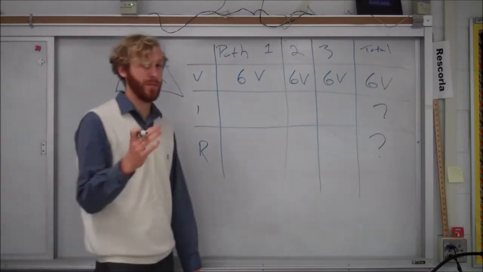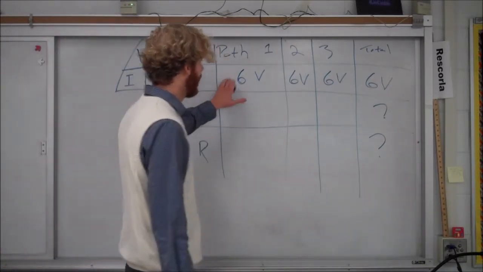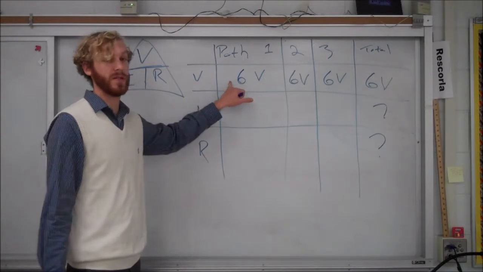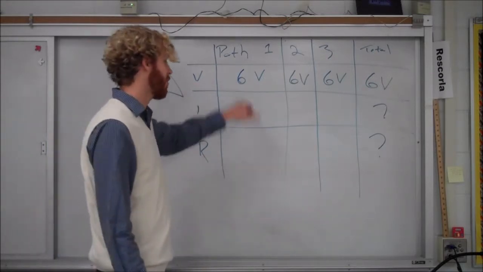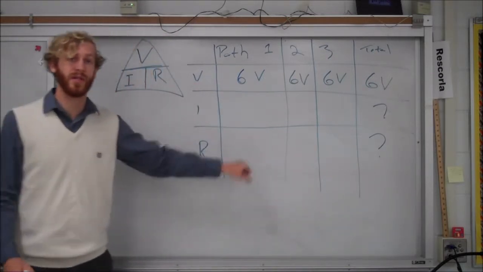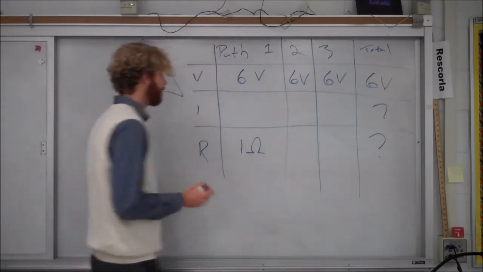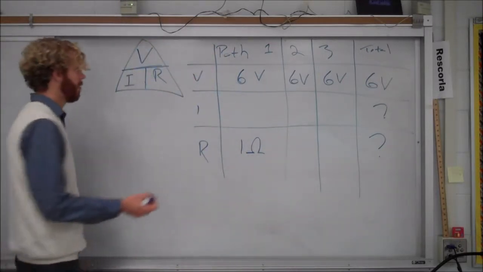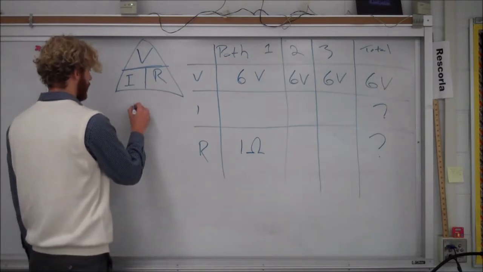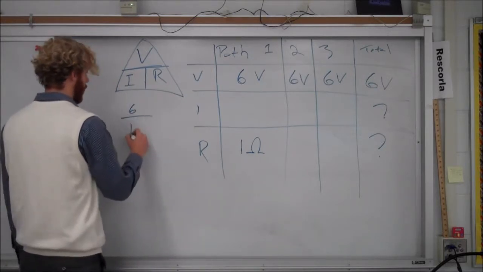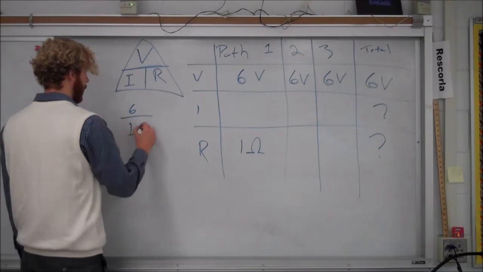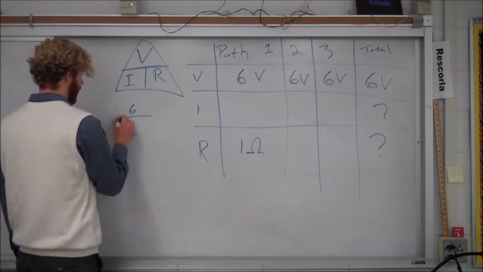So the first thing, breaking into paths. Remember, path 1 has a potential difference of 6 volts and the resistance is 1 ohm. So we set up our triangle. We put 6 on top, 1 on bottom. We have our unknown.